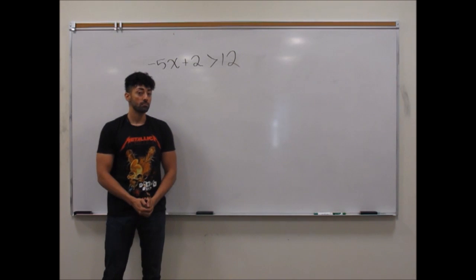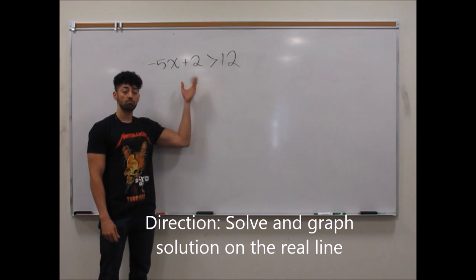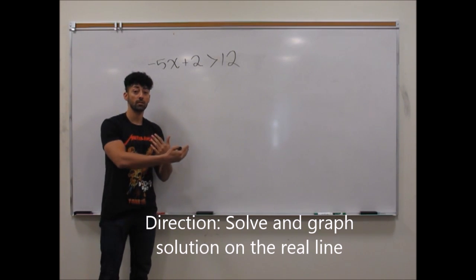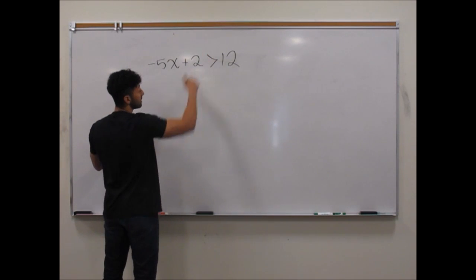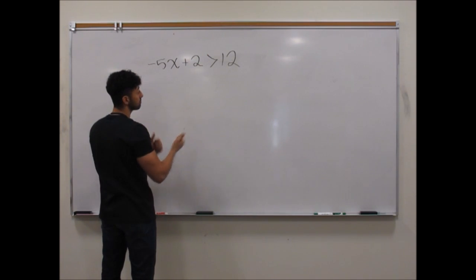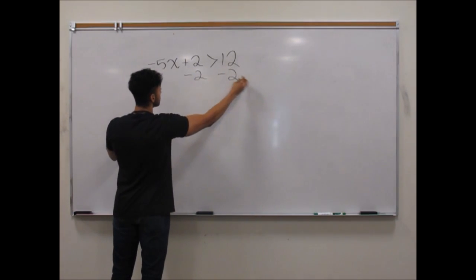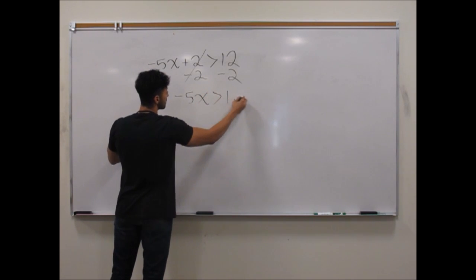Alrighty, so here's a second example, linear inequalities. Let's go ahead and solve this like regular, and then let's show the solution on a number line as well. To isolate this, I'm just going to treat that like an equal sign in my head. It's nothing new, right? So subtract 2 on both sides. Then you get that negative 5x is greater than 10.